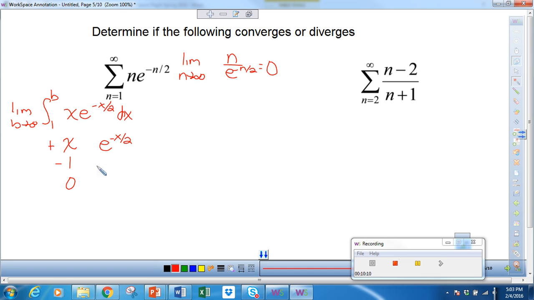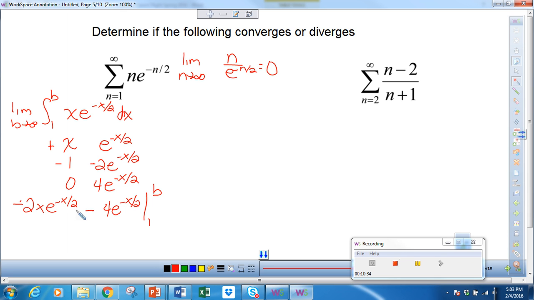So integrating that, I get negative 2e to the negative x over 2, which is going to give me 4e to the negative x over 2. And so the integral of that is negative 2x e to the negative x over 2 minus 4e to the negative x over 2, and I'm evaluating that from 1 to b.